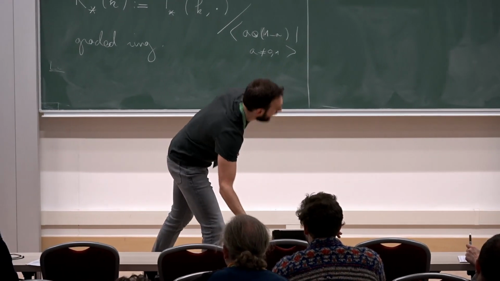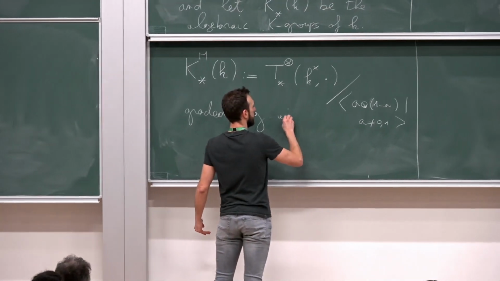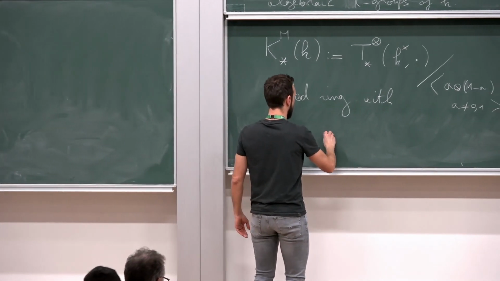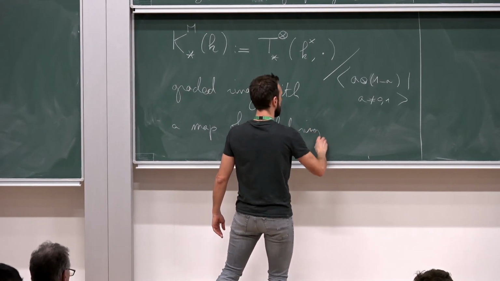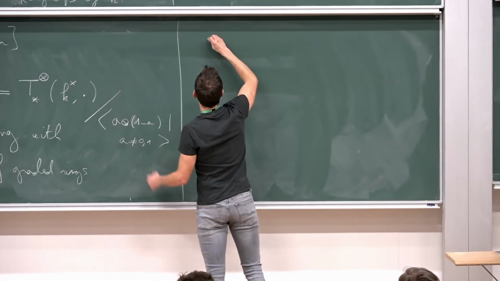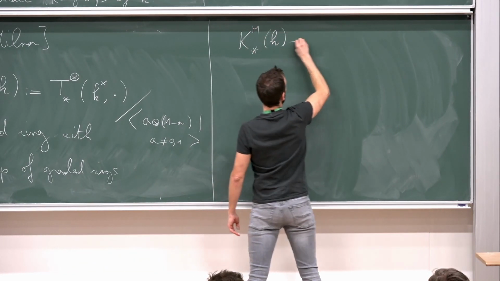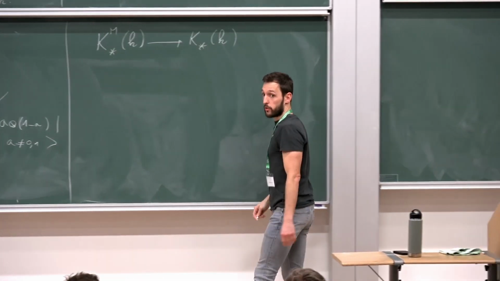And by construction, there is a map of graded rings from this thing to algebraic K-groups.